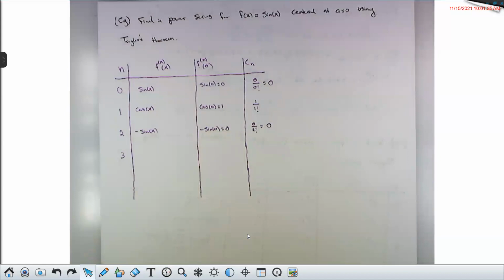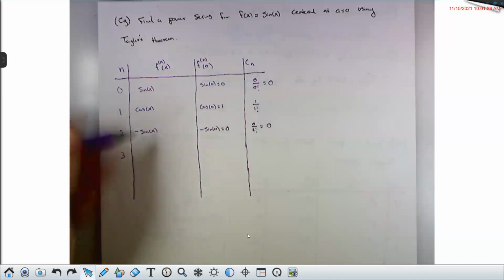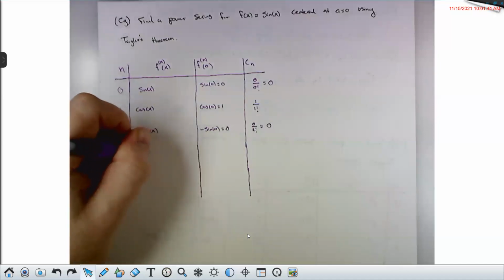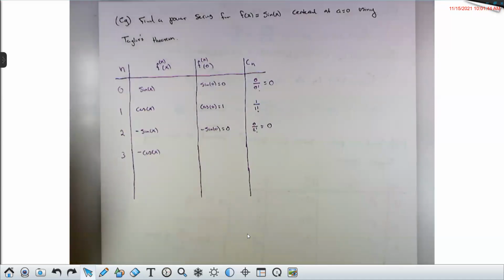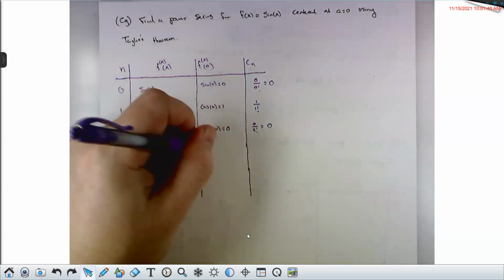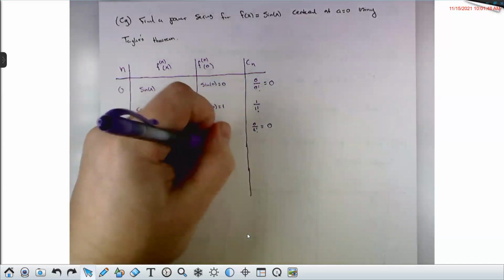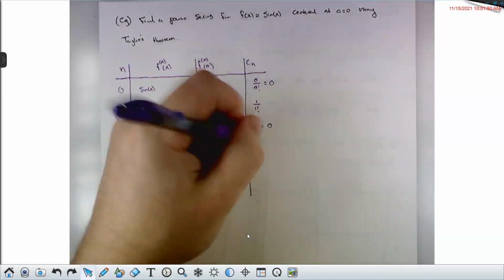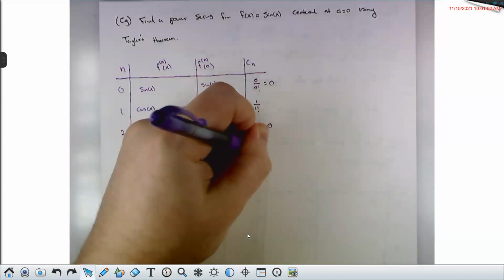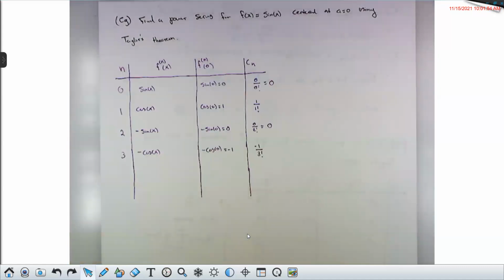When n is 3, I'm looking at the third derivative of sine, which is the derivative of negative sine, which is negative cos x. Plugging in 0, negative cos of 0 is negative 1. So C3 would be negative 1 over 3 factorial.